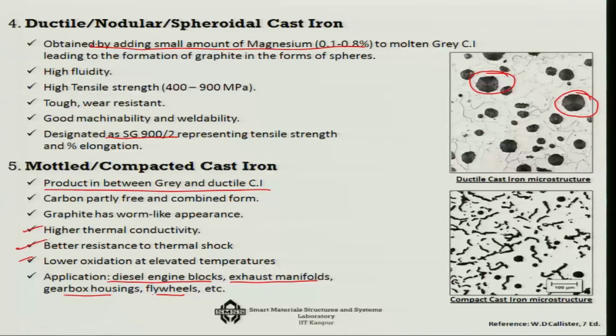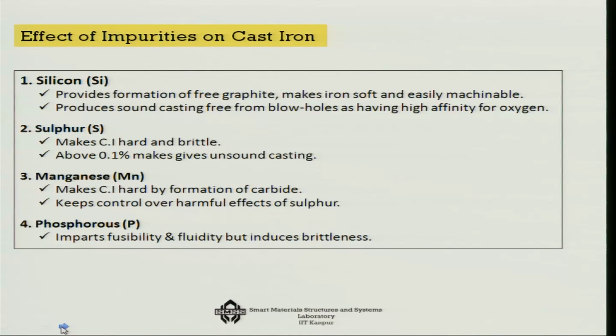In terms of the compacted cast iron, you can see that it is in between grey and ductile cast iron, because the graphite formation is there, but not to a very high degree. So, that is about some of the cast irons.